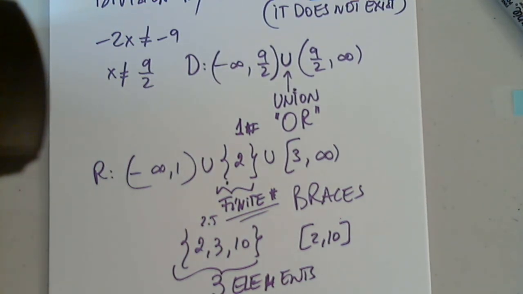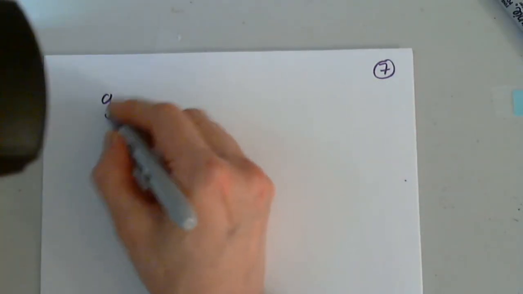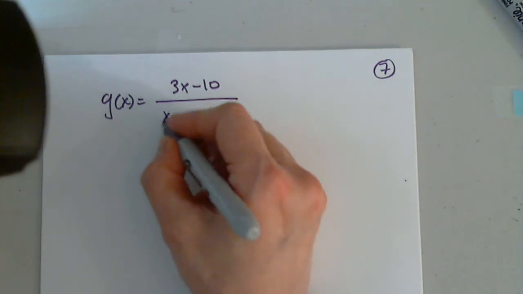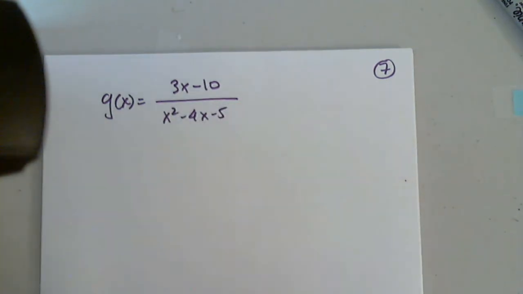Okay, I know I have to wrap it up. I have 2 more minutes. At least let's start the last one that I copied for you. This is my page 7, and this is g of x equals 3x minus 10 divided by x squared minus 4x minus 5.